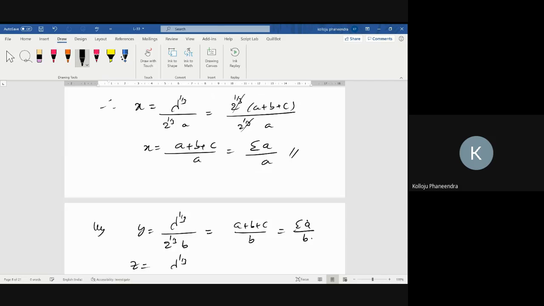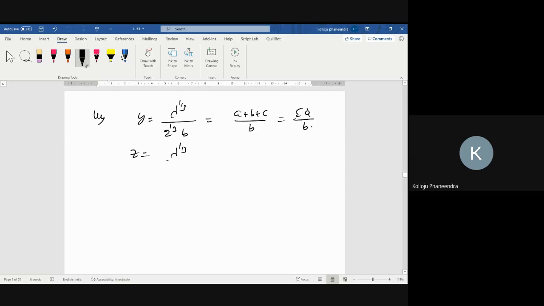Lambda power 1 by 3 by 2 power 1 by 3 c. Substituting lambda power 1 by 3, 2 power 1 by 3 gets cancelled, giving sigma a by c. This is the problem. Okay, and take assignment problems on the Lagrange multipliers method.